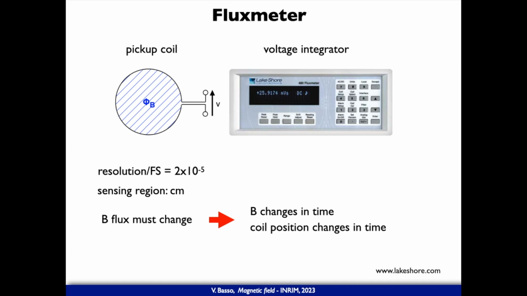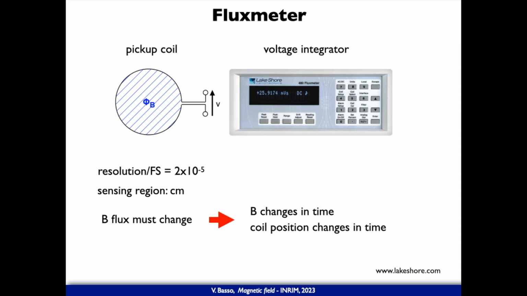If we remember the first lecture, we mentioned that if we are able to measure the voltage change on a pickup coil, this voltage change is related to the change of the magnetic flux. So if we want to measure the flux, then we have to integrate the voltage in time.